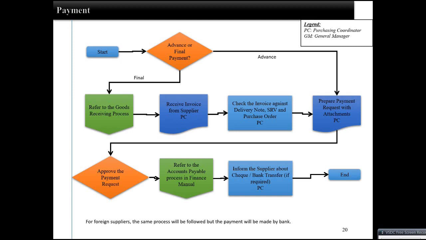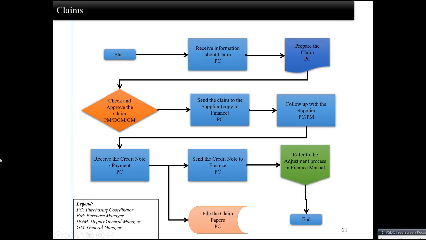The general manager will sign this one, fine, this is okay, and then send inquiries to the supplier. Then they will ask the supplier whether all the products are available for us. Then receive offers and prepare the comparison sheet.